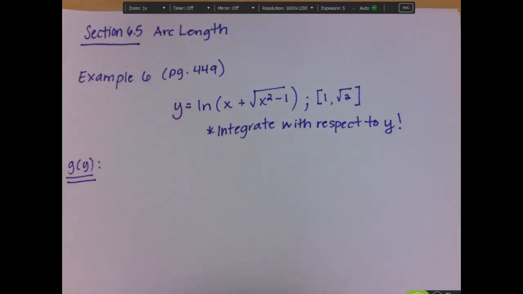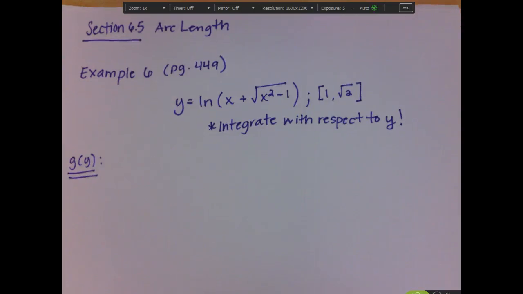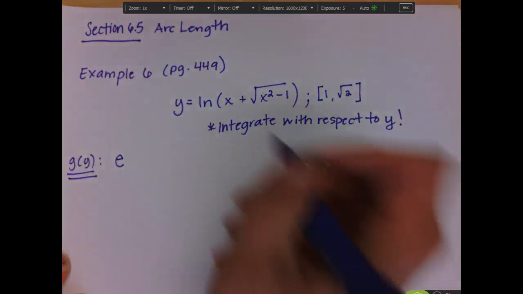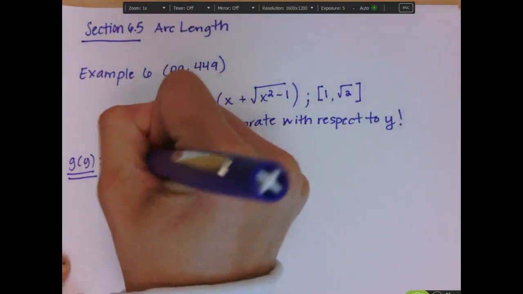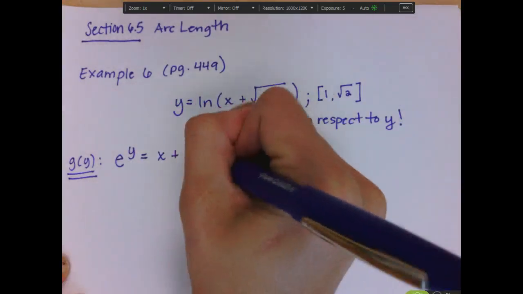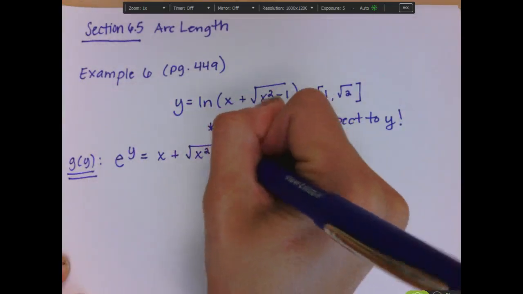That's just the basic rule for how to convert a log function into an exponential function, which is always the inverse. So the base of a natural log is e, and I'm going to raise it to the power of y, and it's going to equal the argument, x plus the square root of x squared minus 1.